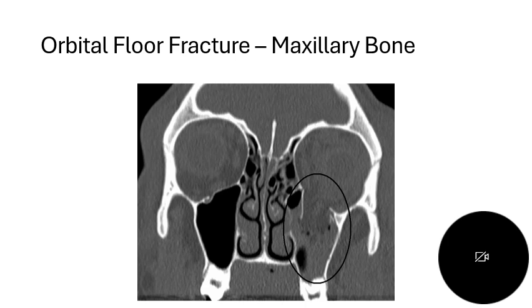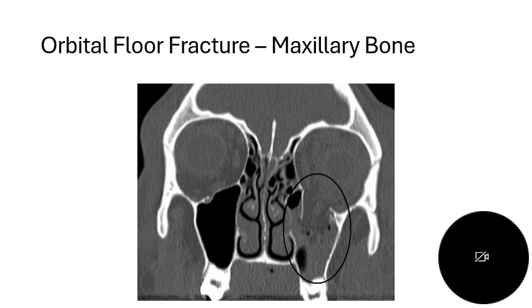Next, if you look to your right side, you will see a fracture on this MRI of the maxillary bone, the orbital floor. On the left side, the maxillary sinus is black because it's filled with air and the eye is above that.